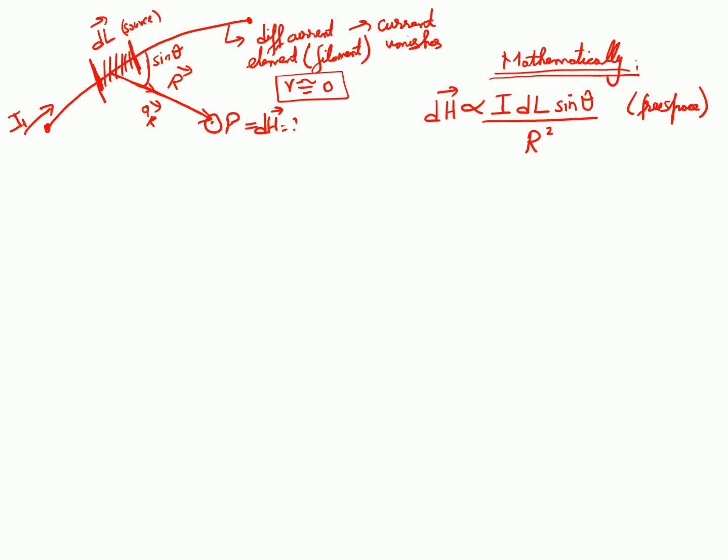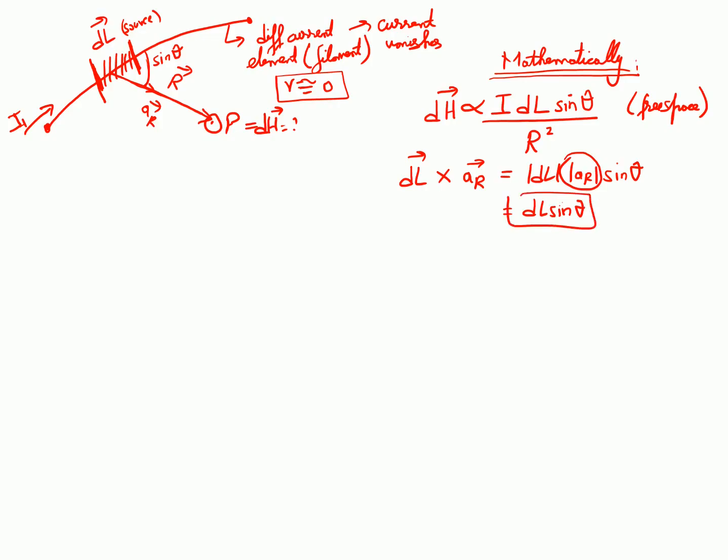So I can say that dL cross the unit vector aR is represented as the magnitude of the first element, magnitude of the second element, with the sine theta. Since this is a unit vector, its value will be 1, so I can write it as dL sine theta.